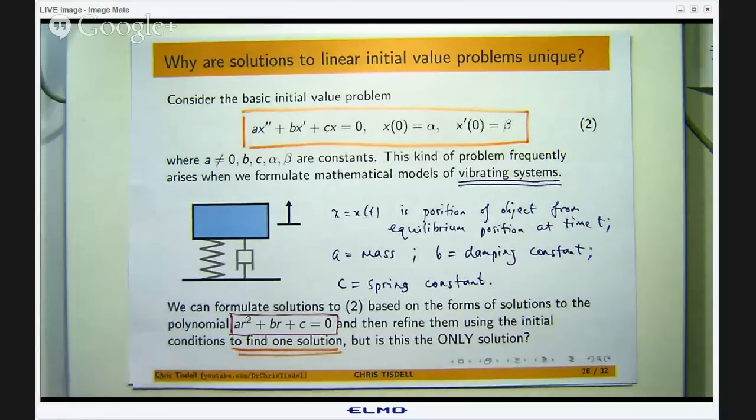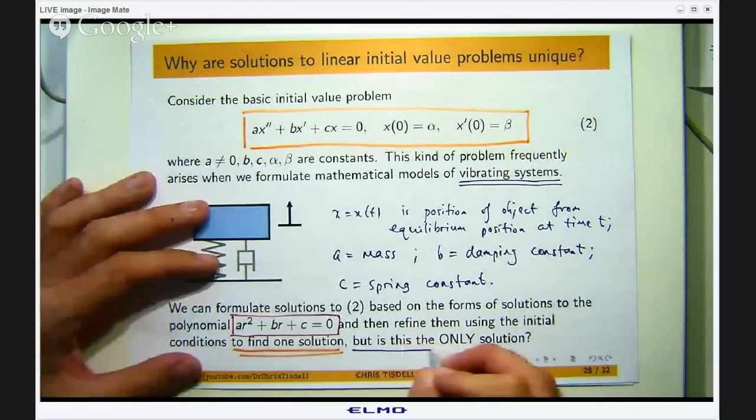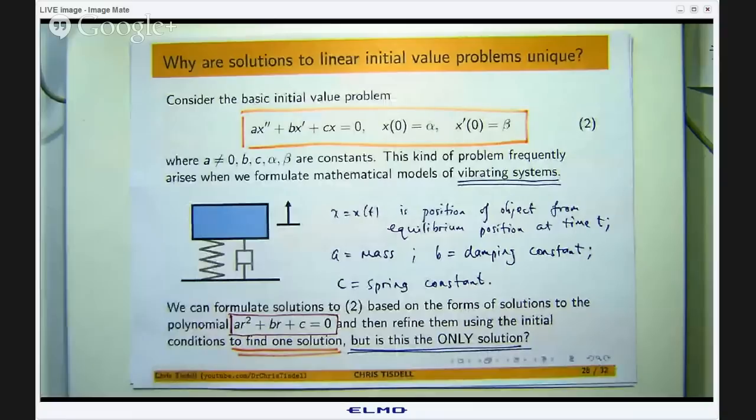But the question that I'm going to discuss in this presentation is the following. How do you know that the solution you compute when you run through this method is the only solution? That's a very, very deep question. Okay, and I would claim that introductory books and YouTube videos on the subject really don't discuss this idea.